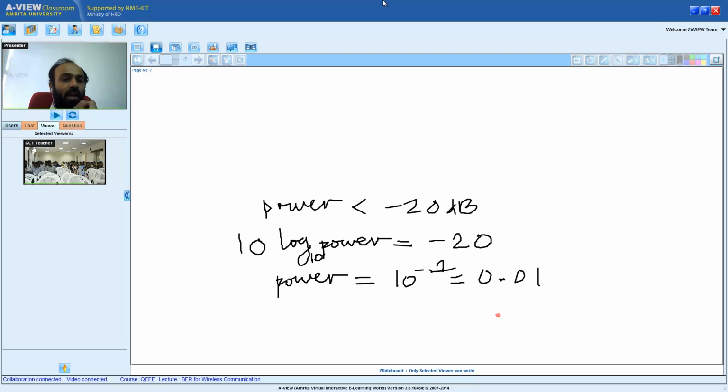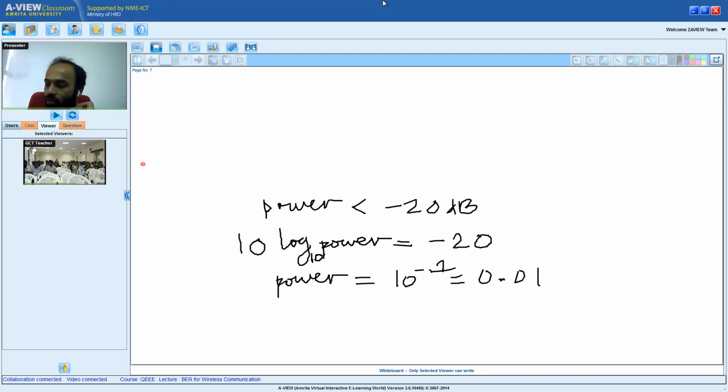Now amplitude is A. Therefore what is the power? If amplitude is A, what is the power? Power is nothing but A square, right? Is that fine? So Oxford College is coming up with the answer.